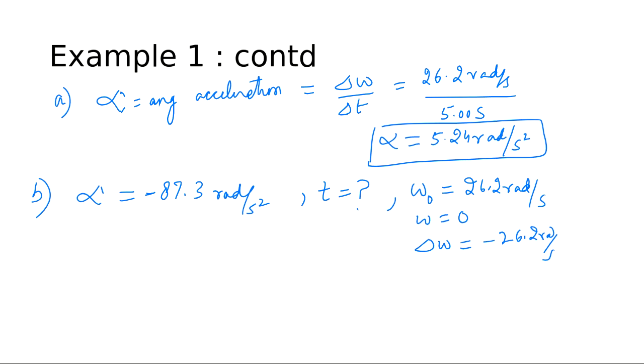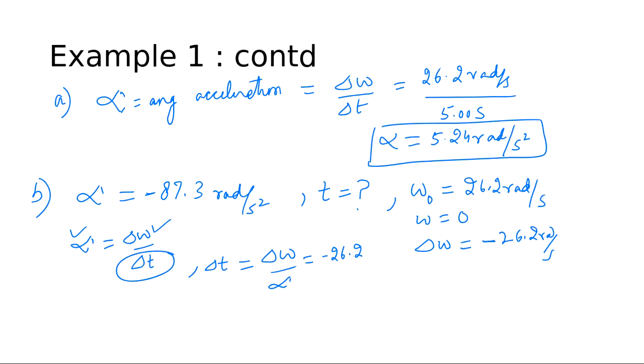Now we know that alpha is equivalent to delta omega over delta t. So delta t, or t, is equivalent to delta omega over alpha, which is already given to you. This is minus 26.2 radians per second, and alpha is given as minus 87.3 radians per second square.